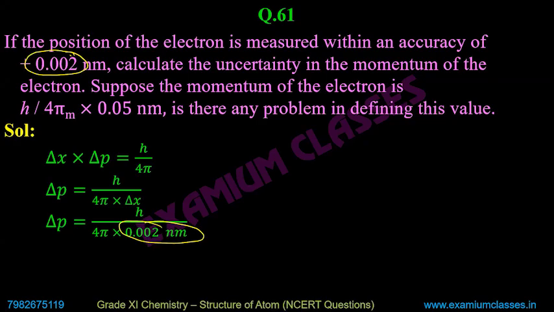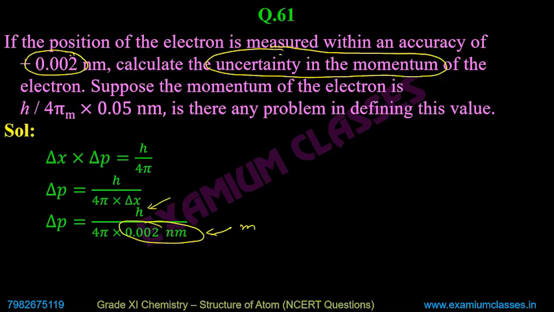Make sure that you convert this to meter, and you can substitute the values of h, pi, etc., and you will get the uncertainty in momentum. Uncertainty in momentum is asked, you will get that. I have not calculated that here. You can substitute the values and get the answer.